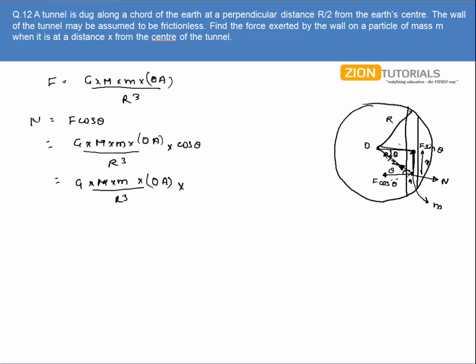This is my base, that is r/2, and the hypotenuse is again OA. So OA is cancelled, and one r is cancelled. So I get G M m by 2r square. That is the normal force exerted by the wall on the particle m, and that is my answer.